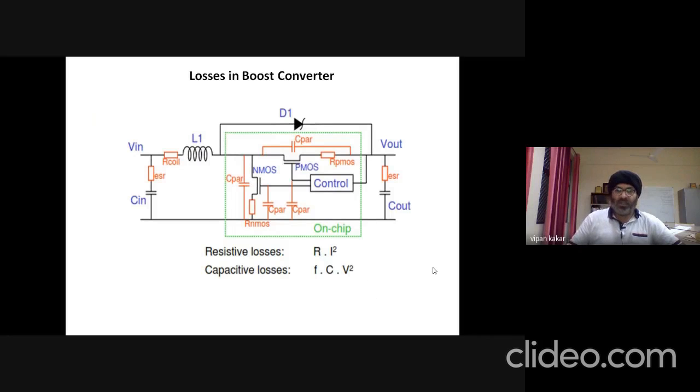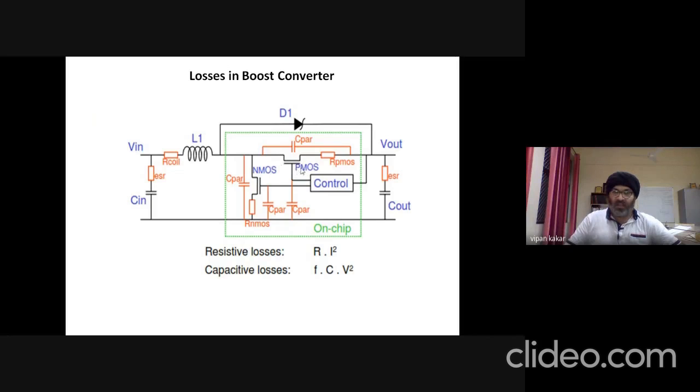Now, concerning the losses in the boost converter. Ideally, losses are negligible or equal to zero in these switch mode converters or switching regulators.